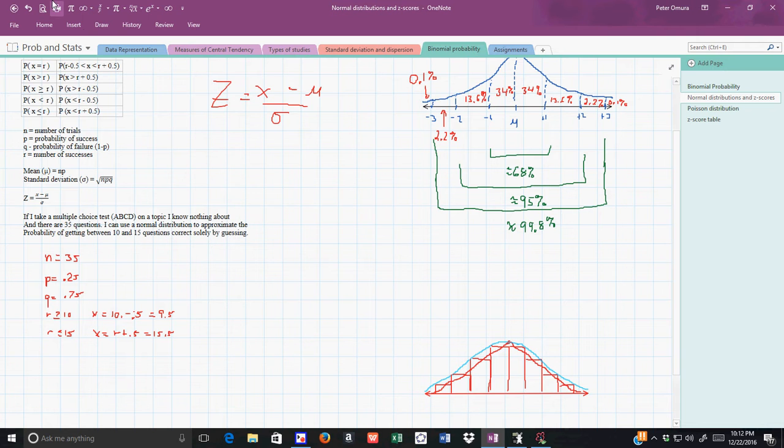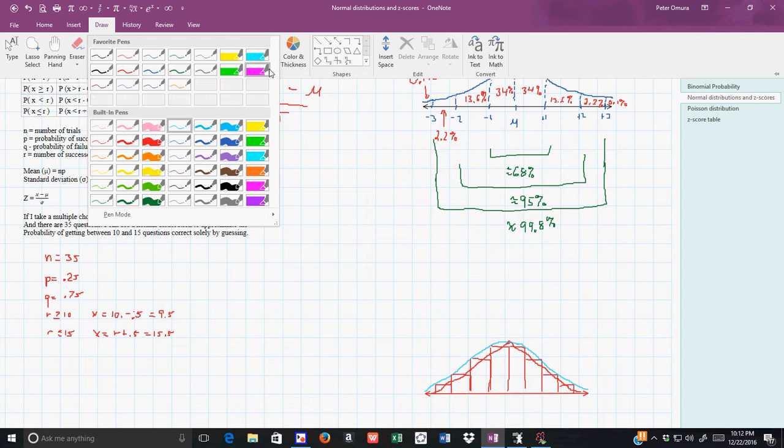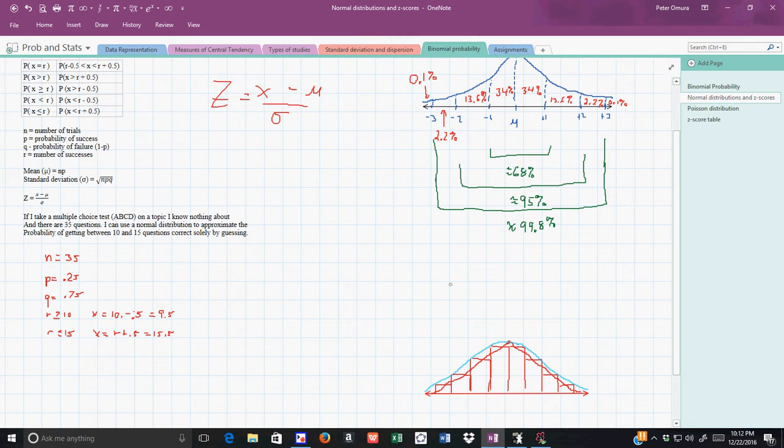Well, that was actually pretty good. And by subtracting half a unit, I'll use this pink, by subtracting half a unit, then I'm touching on the inside bars.